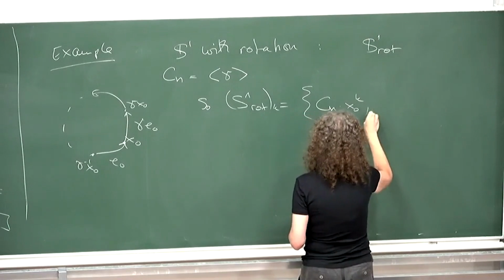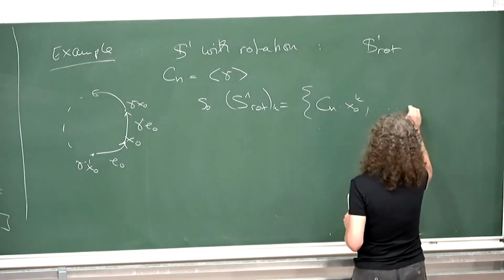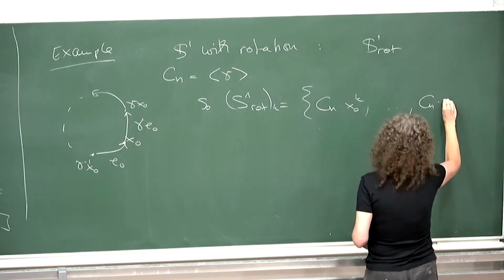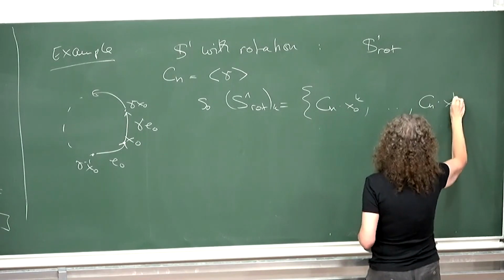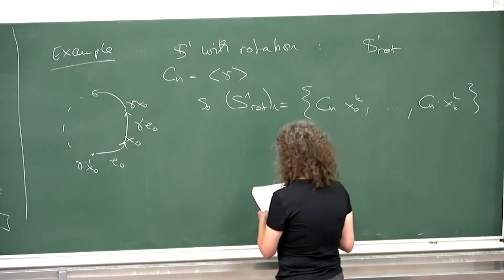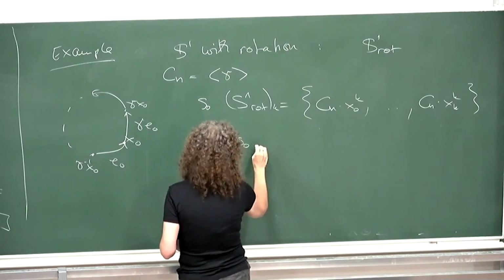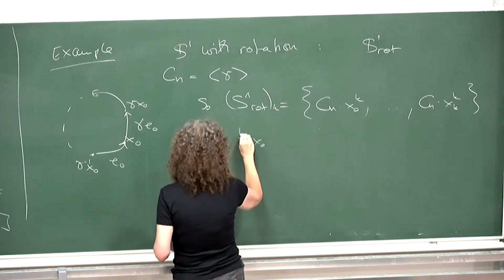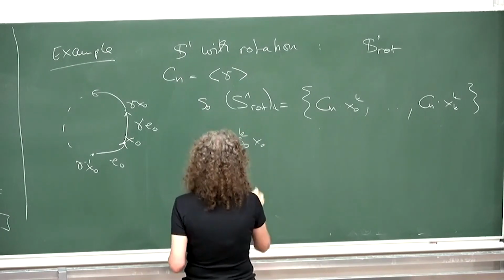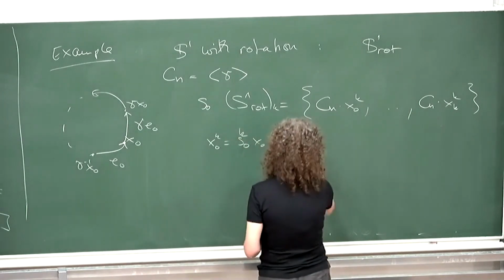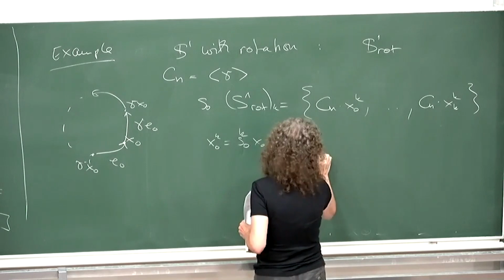I will explain what the notation is. I've got k plus 1 orbits, and x0k is really just the degenerate thing on the base point, and I'm going from 0 to k, so that's correct. And the other ones mix the degeneracies.